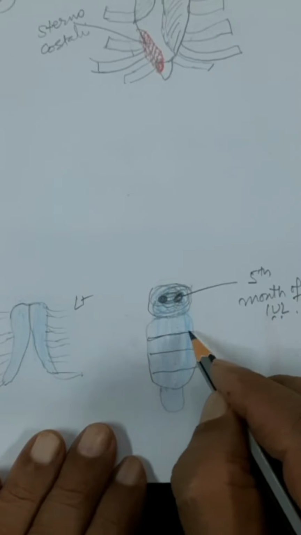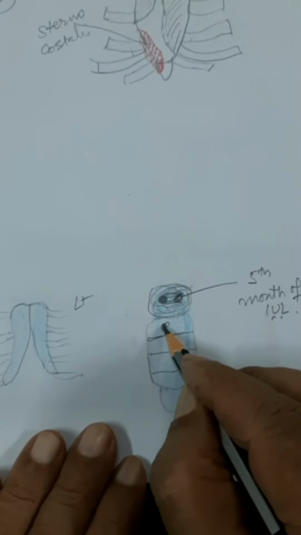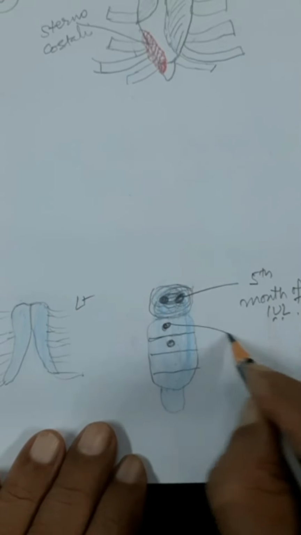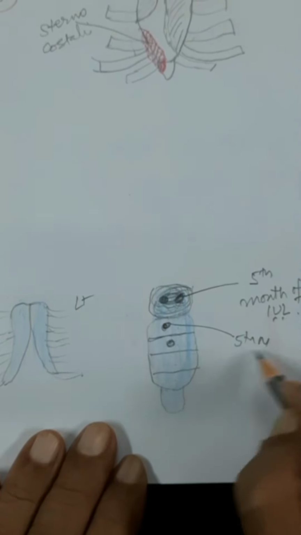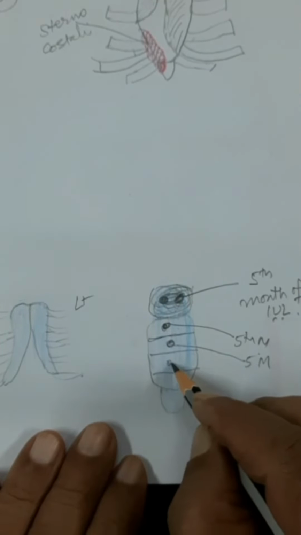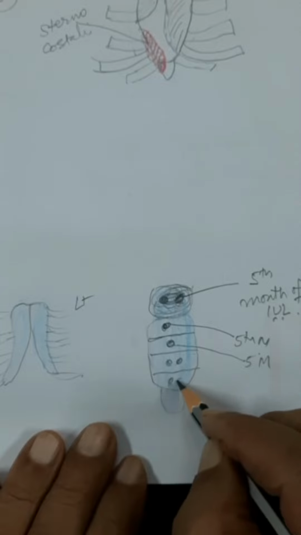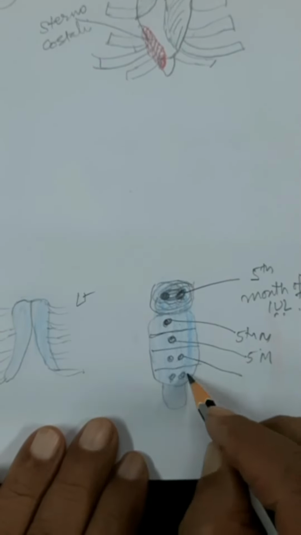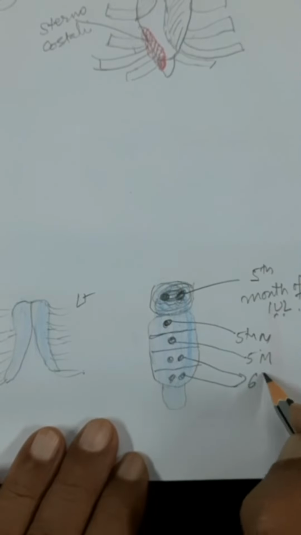They will show the presence of a primary center again in the fifth month. The second segment also in the 5th month, and then the 3rd and 4th segments will have a double ossification center, and these will both appear in the 6th month.